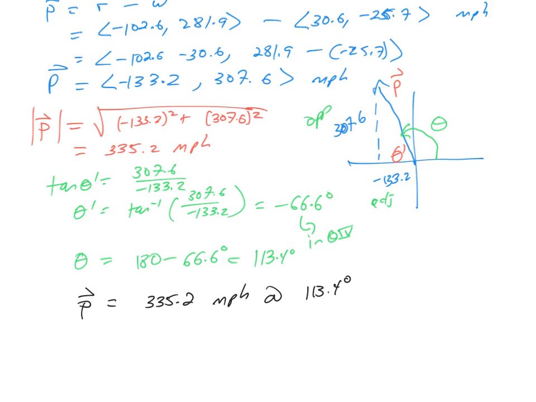If you want to name it like we did normally from the positive x-axis, or if you want to name it like a direction for a plane, we could think of this as being 66.6 degrees north of west. Those are equivalent.